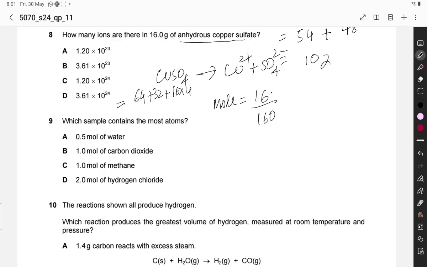16 divided by 160 is equal to 0.1 mole, and 0.1 into 2 into 6.02.